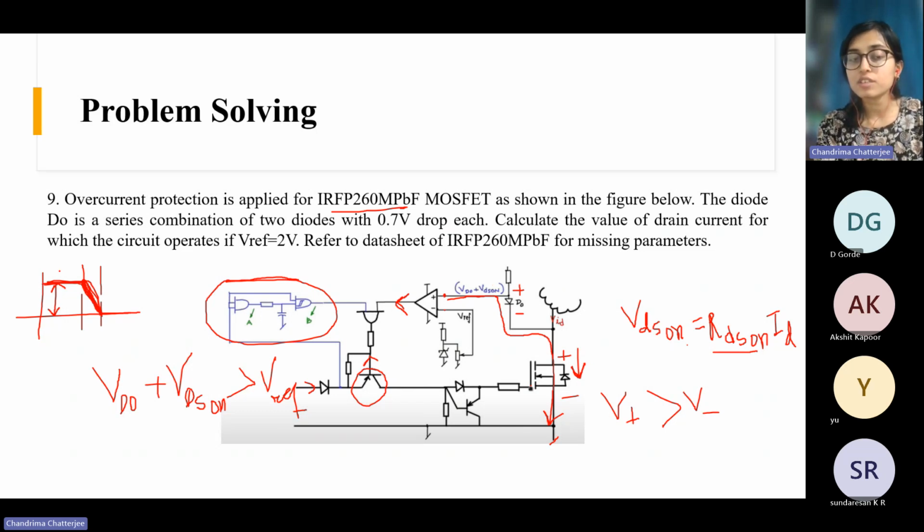You don't need it during this time. So that's why this circuit is placed here, so that during this duration you can disable this portion, and then after that you can enable this. Okay, that's why. Yeah, so this is the overcurrent protection circuit. In the question, they are asking that, just a minute.